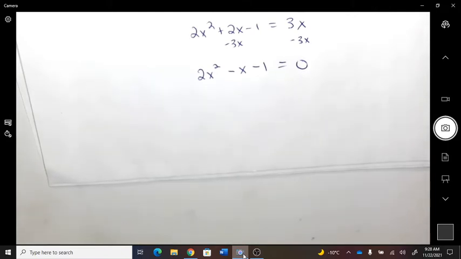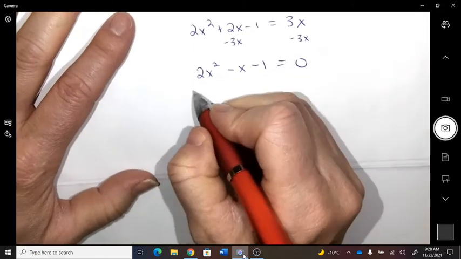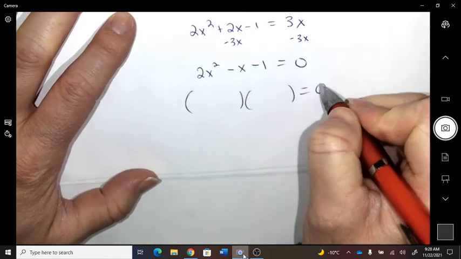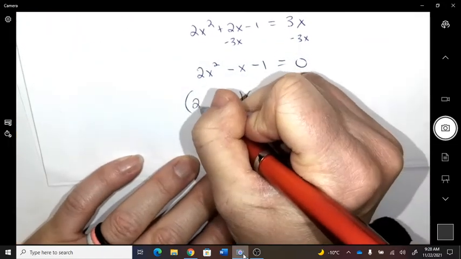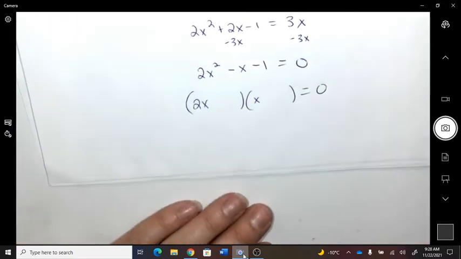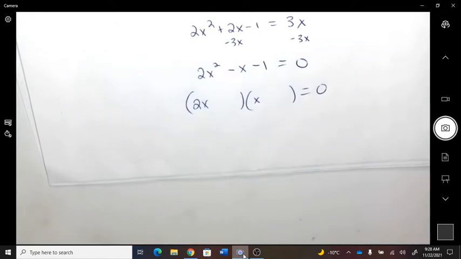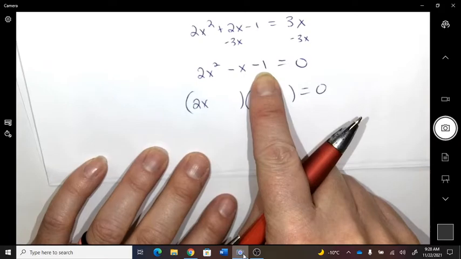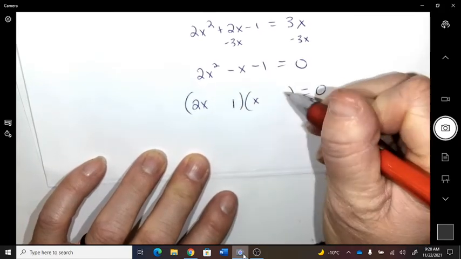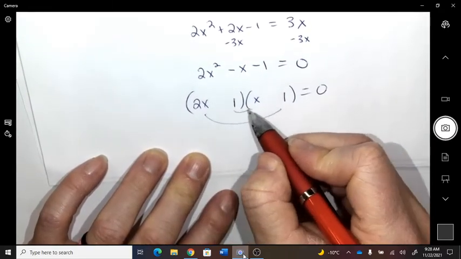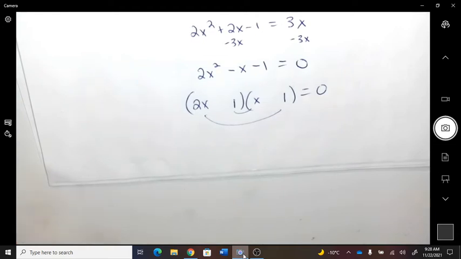So if you want, you can try to FLA it, or if you're getting better at breaking the foiling process down, you can understand that that's the only option there. That's the only way to get 2x squared. And the only way to get 1 is a 1 and a 1. Can you do the out and in to a negative 1? Will it work?